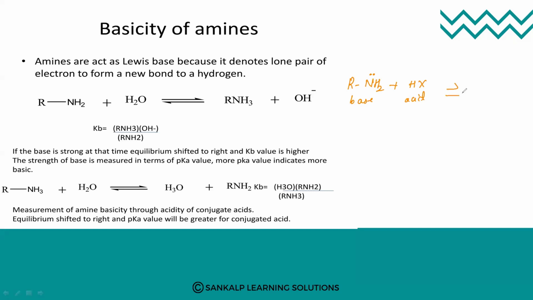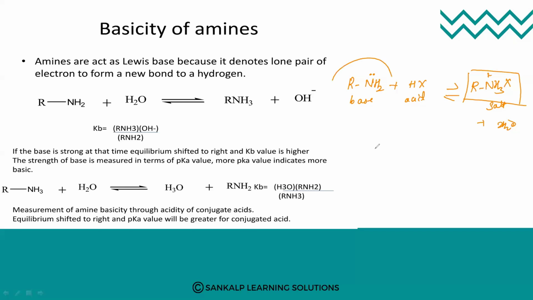When acid and base react, we get salt and water. So we get the ammonium salt, R-NH3+ X-, plus water. This indicates that amines are basic in nature.